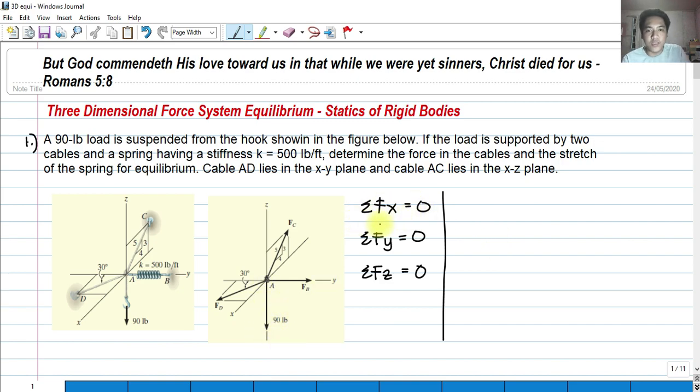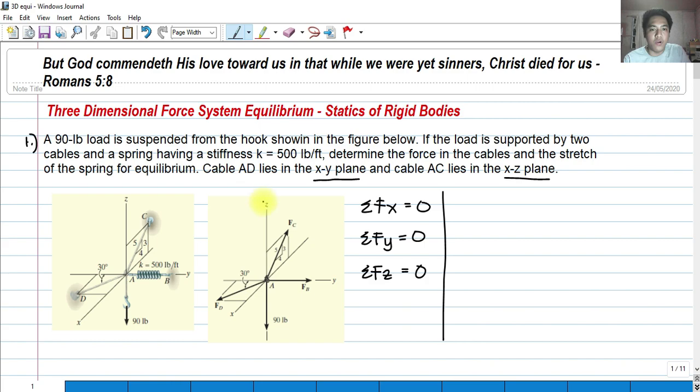Let's start with the summation of forces along X. Obviously, this spring does not have any X component because it's purely on the Y. Same as this weight, it's purely on the Z. It's given in our problem that cable AD lies in the XY plane and AC lies in the XZ plane.